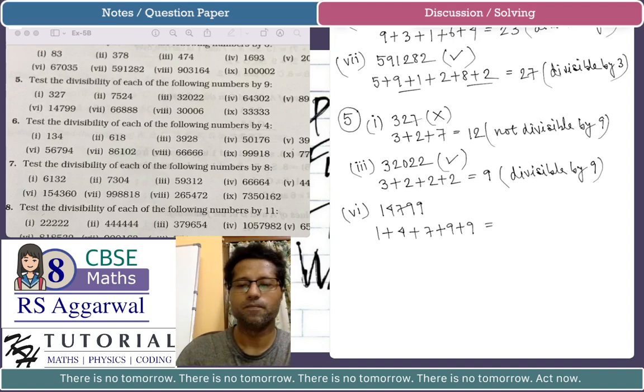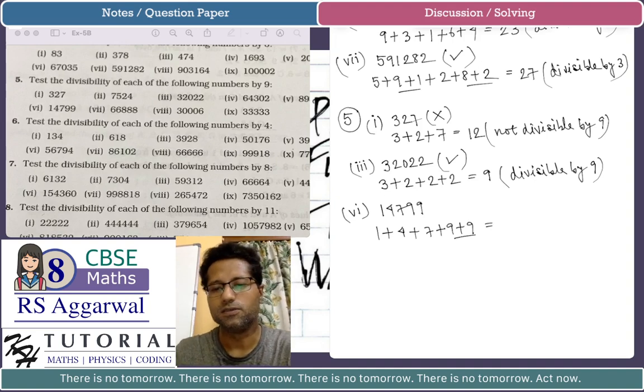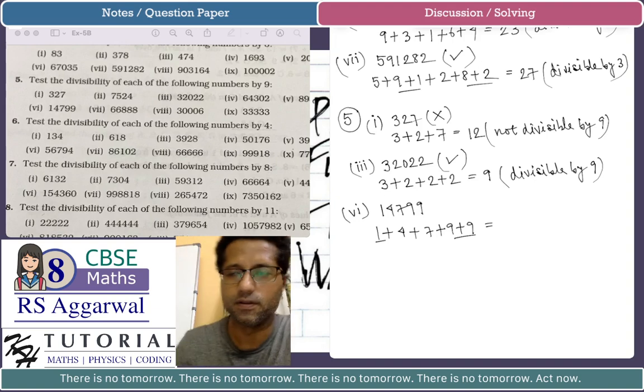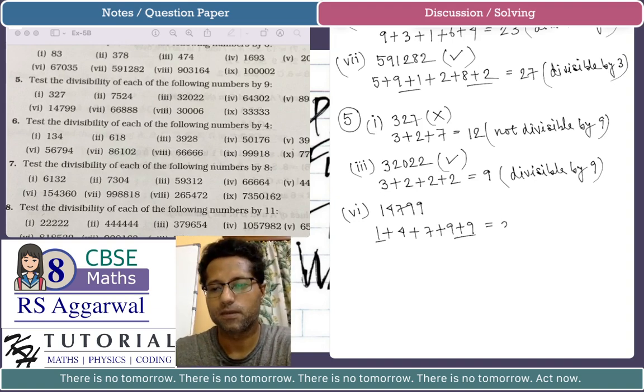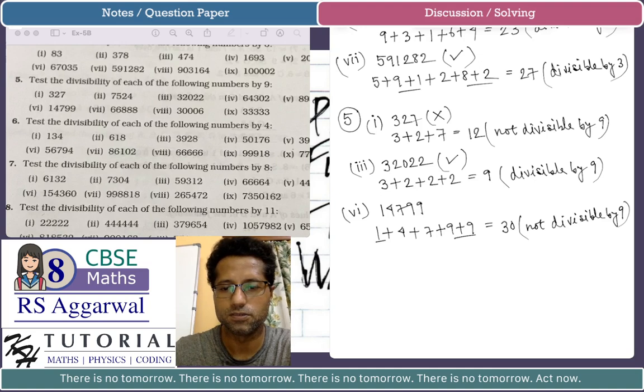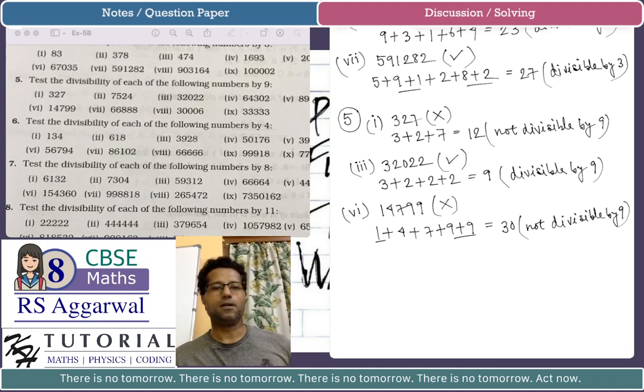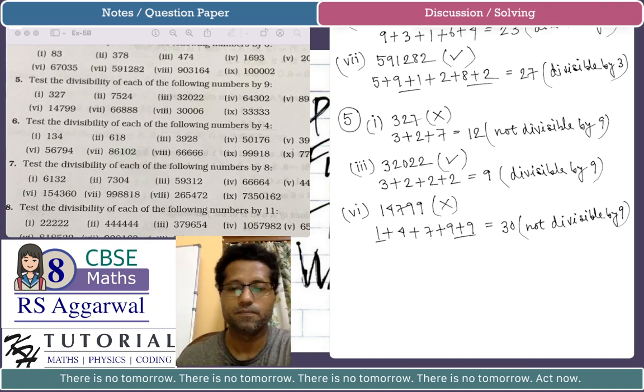This is 18, this is 19, and 19 plus 11 is 30. 30 is not divisible by 9. So this number is not divisible by 9. I will not check the rest of the numbers. I hope the idea is clear.